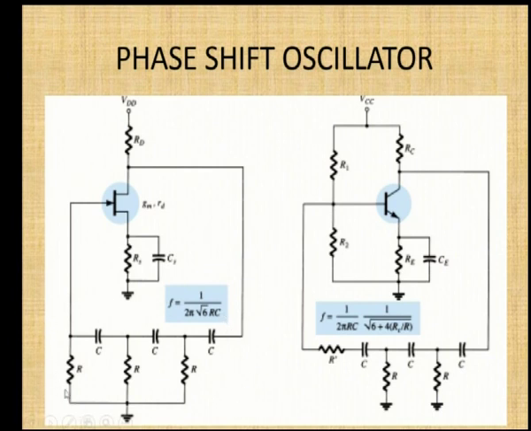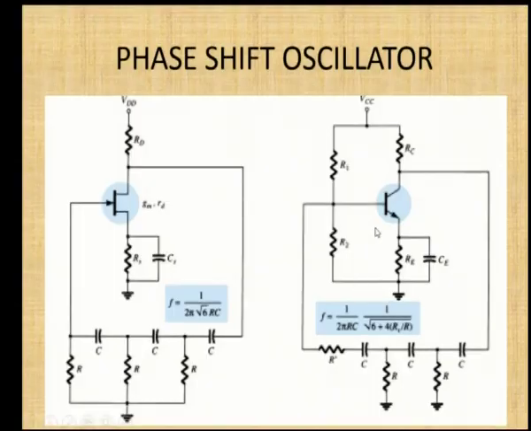The RC phase shift oscillator is the oscillator type in which the feedback network uses 3 combinations of R and C. In practice, each RC network produces a 60 degree phase shift. So, 3 RC networks give a total of 180 degree phase shift, and the remaining 180 degree will be produced in the amplifier circuit.